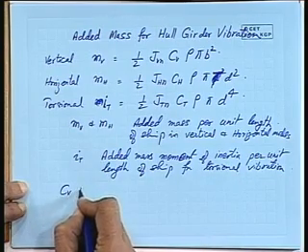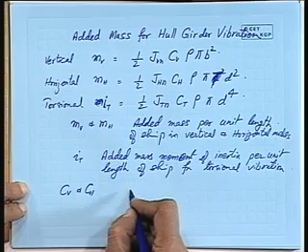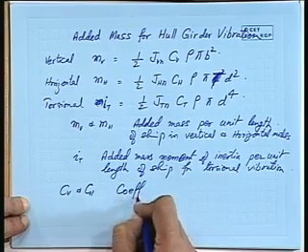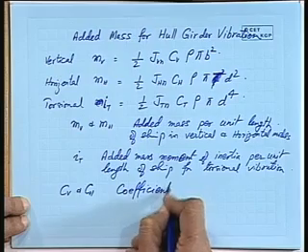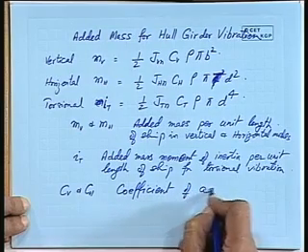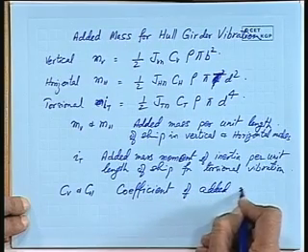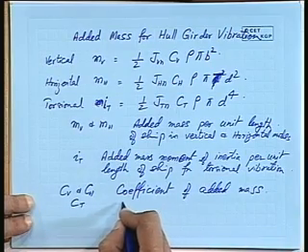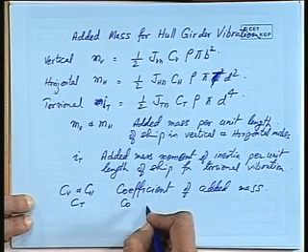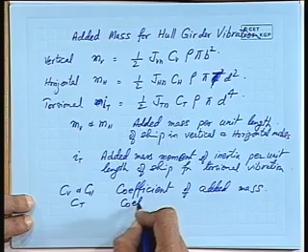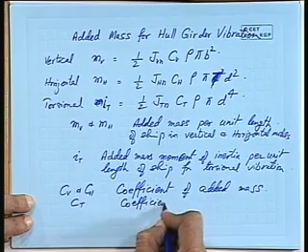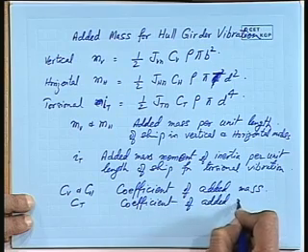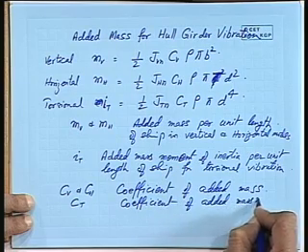CV and CH are coefficients of added mass. CT is coefficient of added mass moment of inertia.